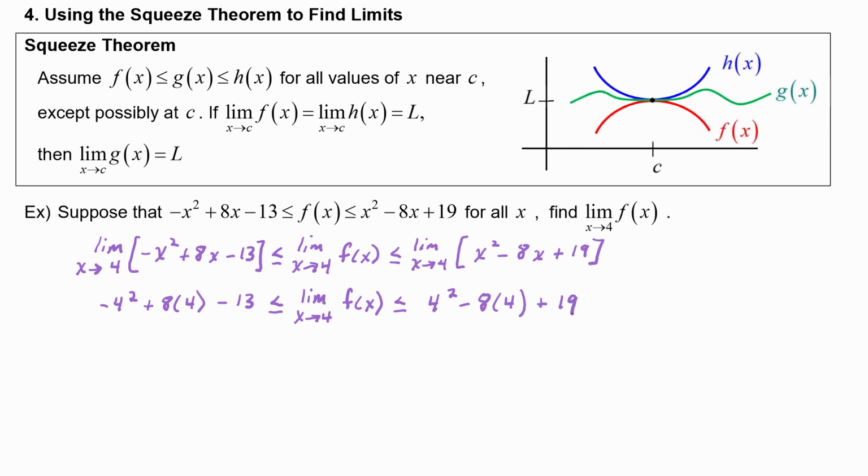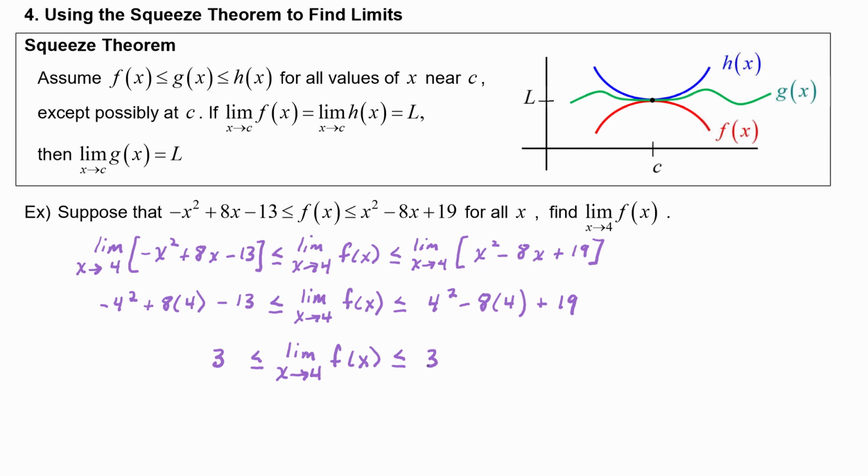So now let's evaluate. We have negative 16 plus 32 is 16. 16 minus 13 is 3. Is less than or equal to the limit as x approaches 4 of f of x is less than or equal to 16 minus 32 is negative 16 plus 19 is 3.